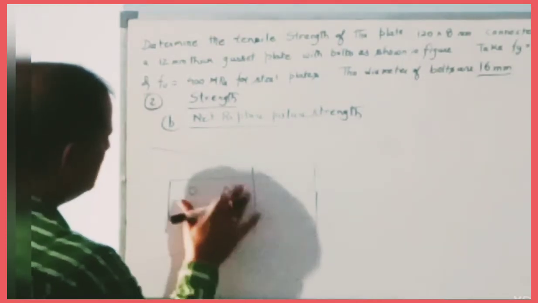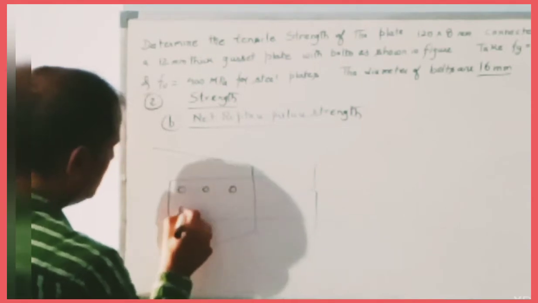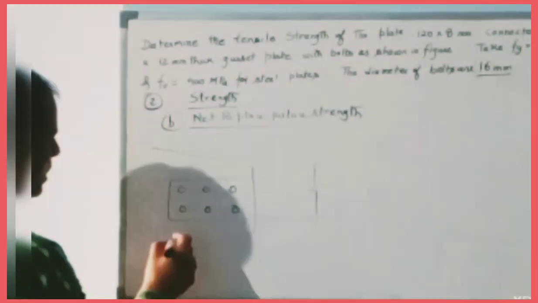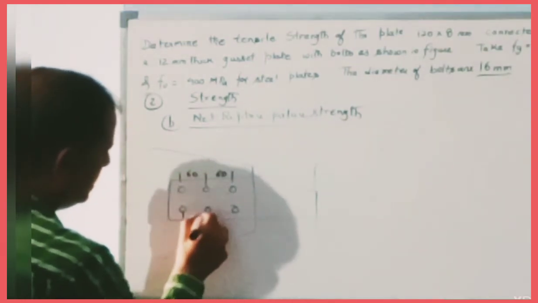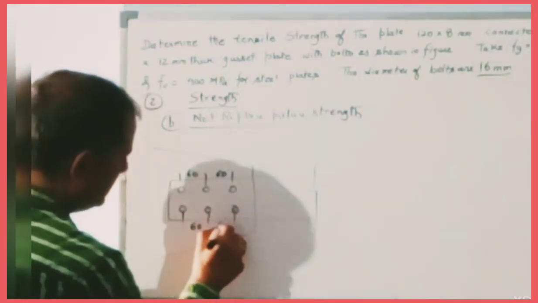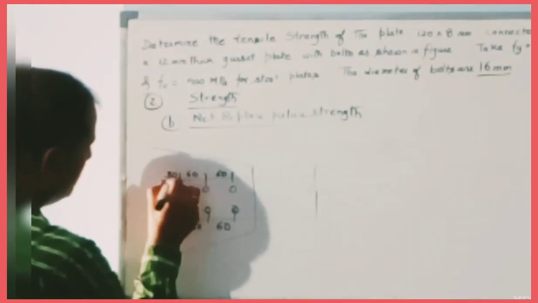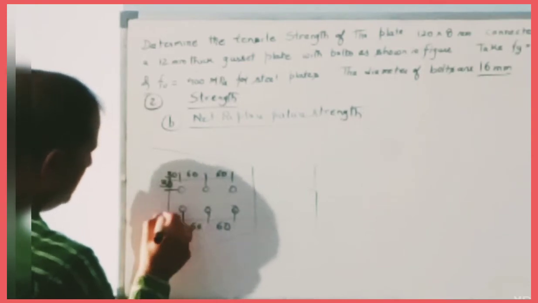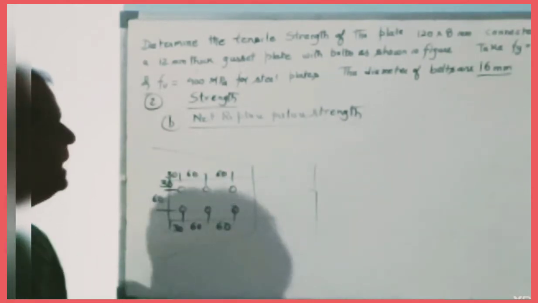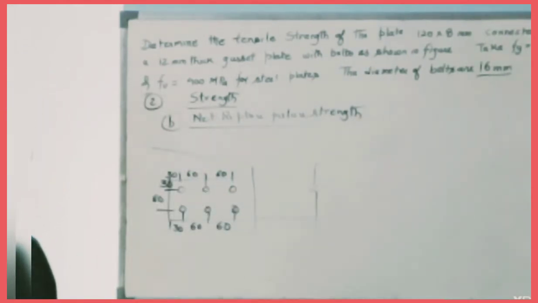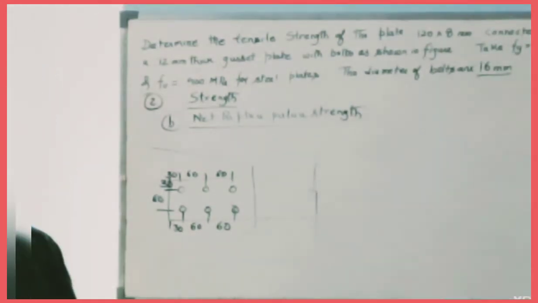With bolts like this, 3 bolts are there in each row, and the distances we already know: this is 60, this is 60, this is 60, and this is 60, and these distances are 30, this is 30 from the edge, this is 30, this is 60. So in calculating net rupture failure strength, we will first study the failure pattern.